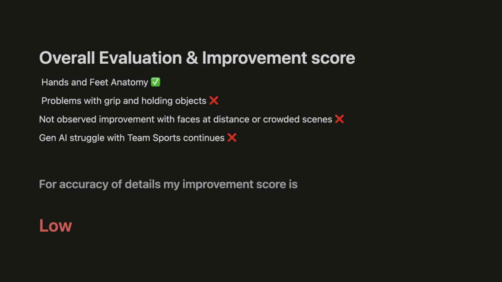Actually, it was pretty similar in version 6, and 6.1 is not a huge improvement yet. I'm hoping maybe with version 6.2, the improvement will be much more drastic. But for now, my improvement score for accuracy of details is low.